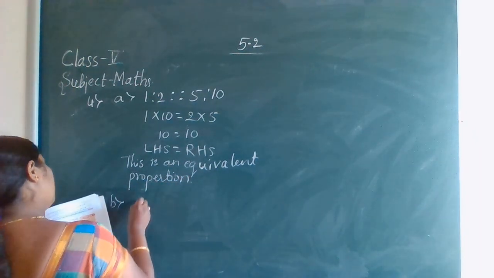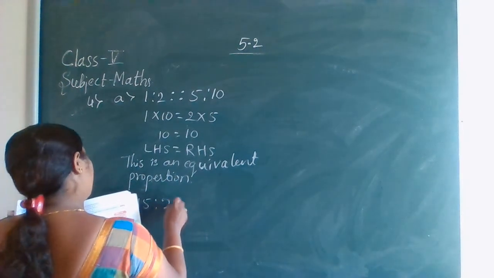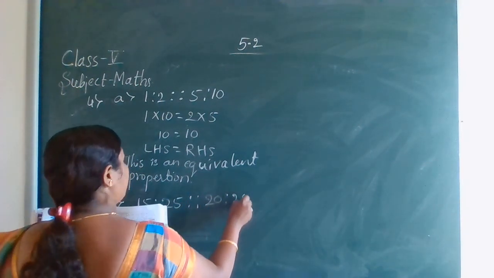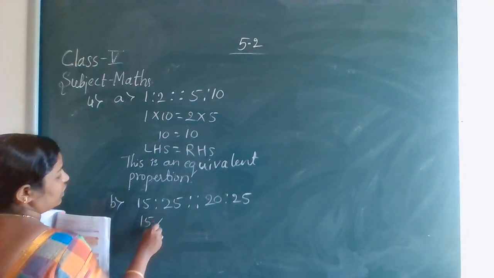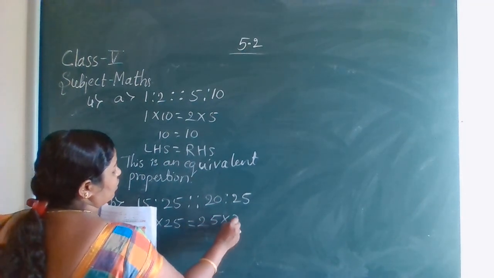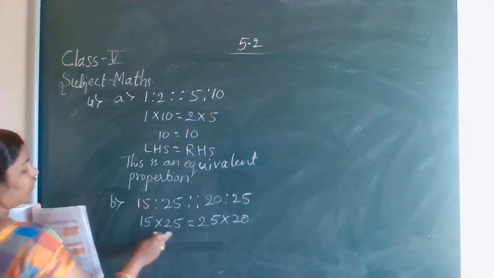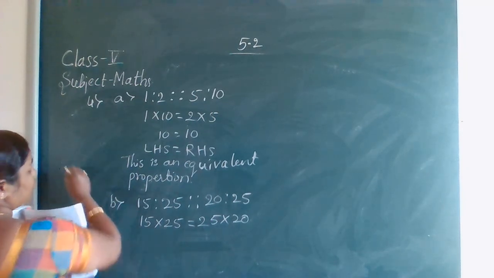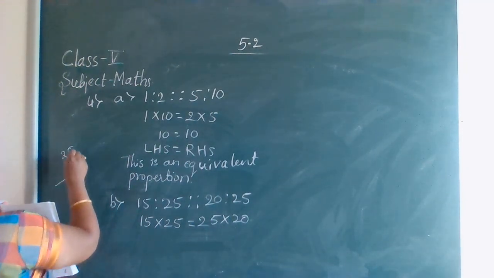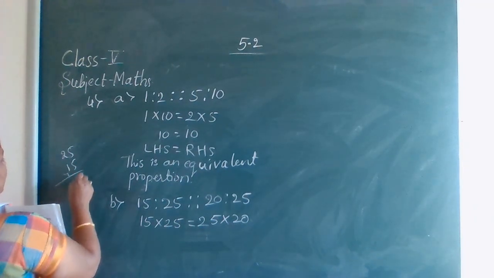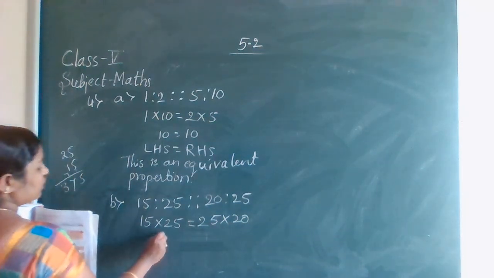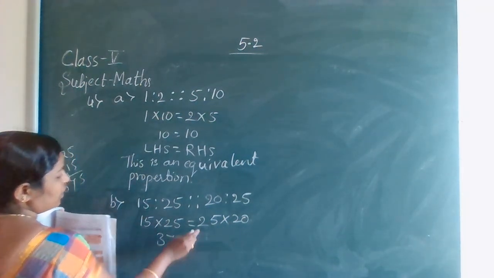B. 15 is to 25, proportion to 20 is to 25. 15 into 25 is equal to 25 into 20. Now 15 into 25 you should check. Do the multiplication. 5 fives are 25, 15 fives are 75, 15 twos are 30, 30 plus 7, 37, 375.